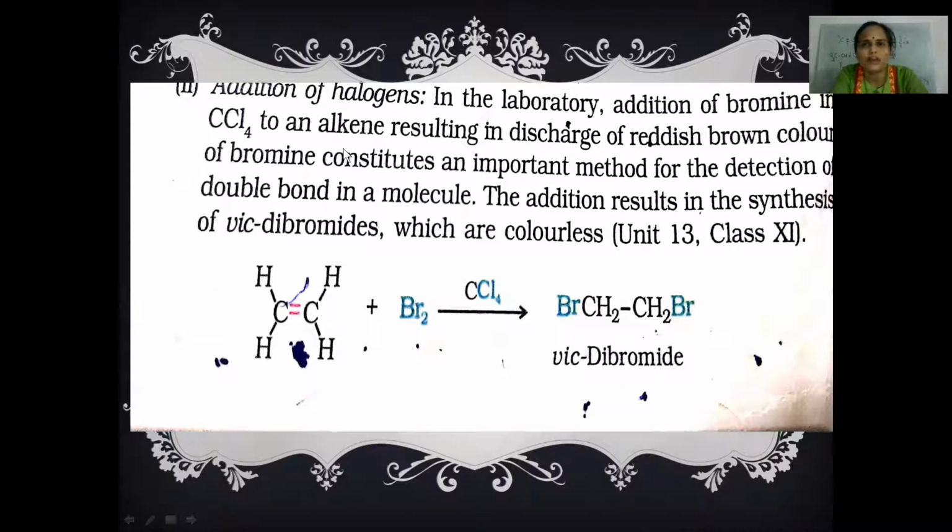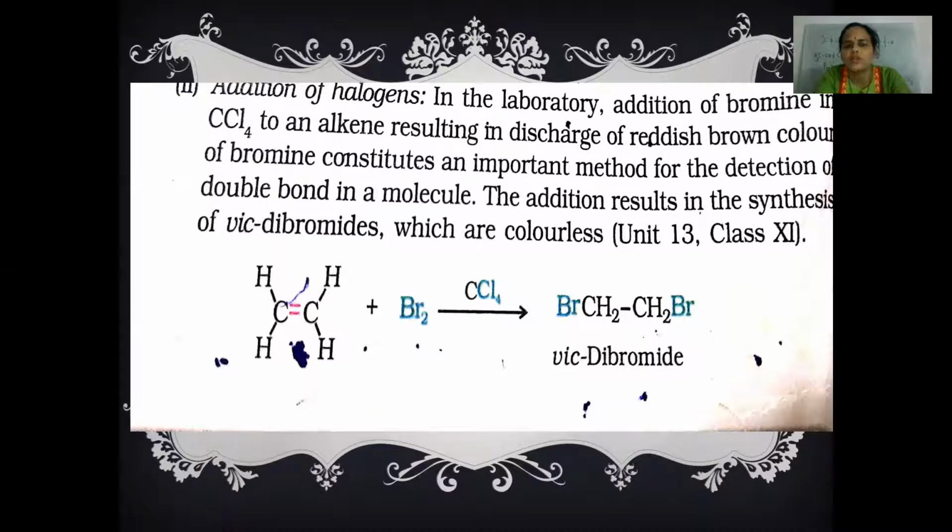Next is addition of halogens. In the lab, addition of bromine in presence of carbon tetrachloride to an alkene, a double bond containing compound. When you pass bromine through an alkene, an unsaturated hydrocarbon, the red color of bromine gets discharged, and that's why it's an important method for the detection of a double bond in a molecule.